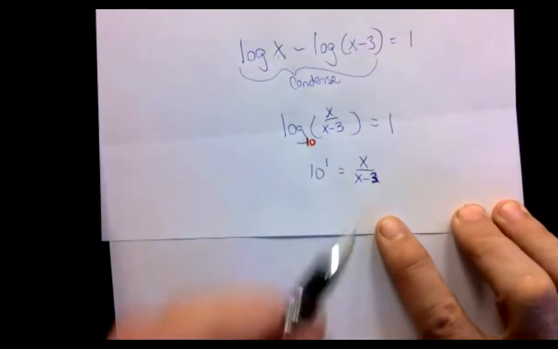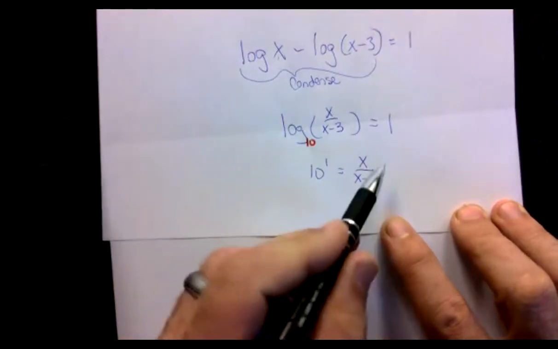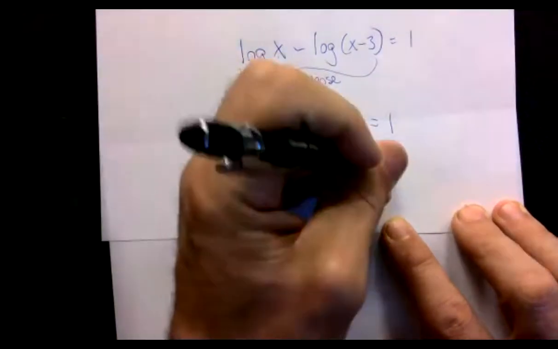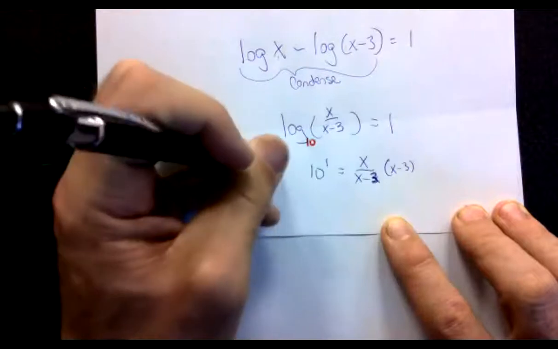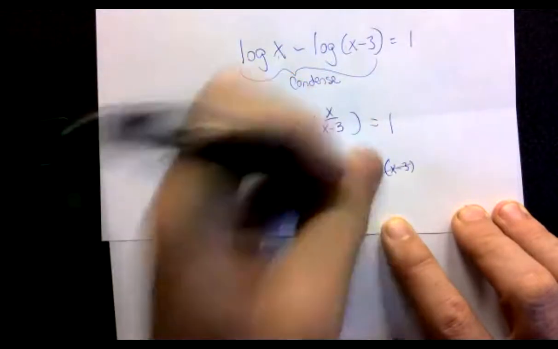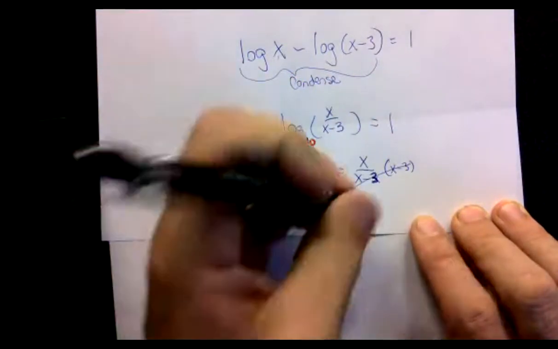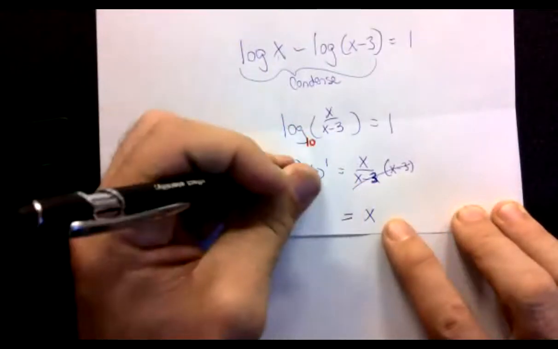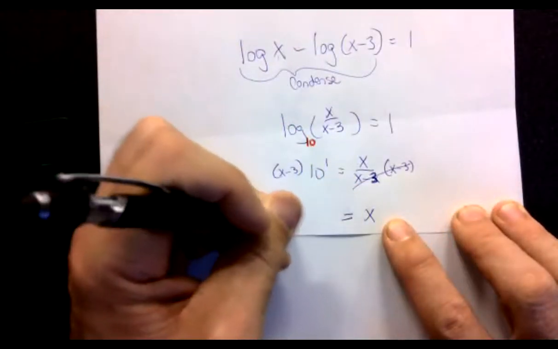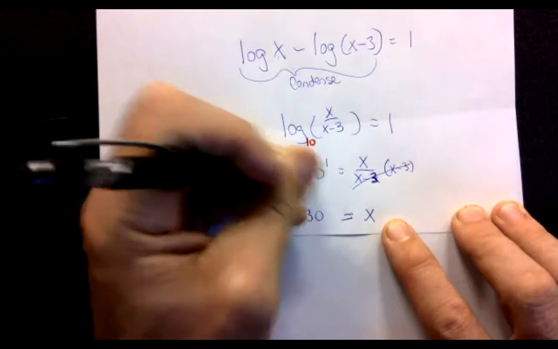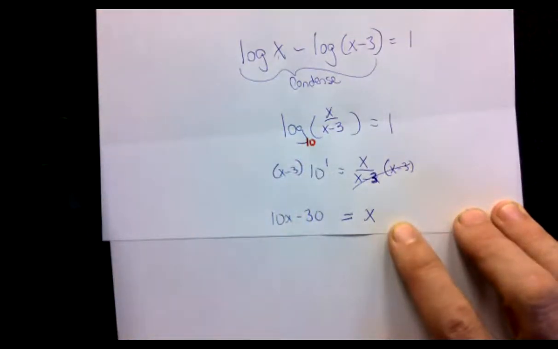Okay. Now with multiple x's, we got to get this x minus 3 off of the bottom, so we're going to multiply. So we'll get 10 equals x, and we distribute: 10x minus 30.